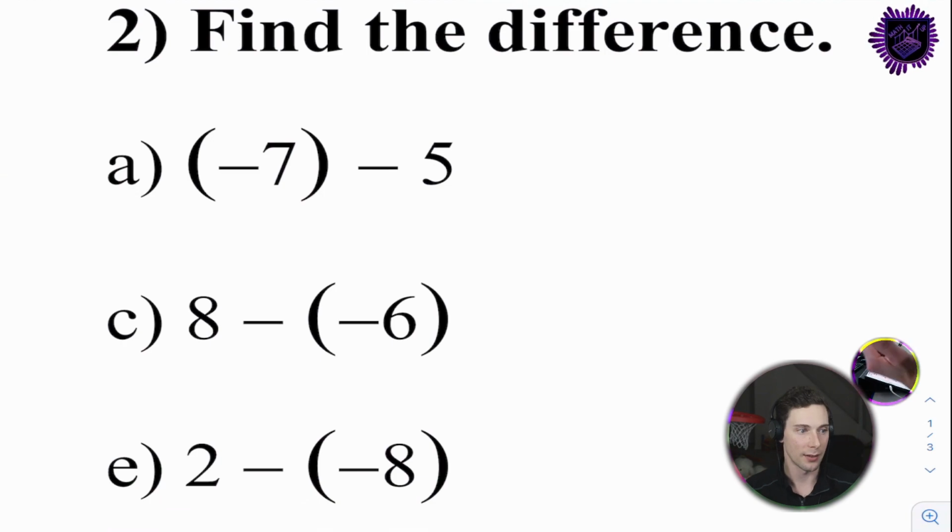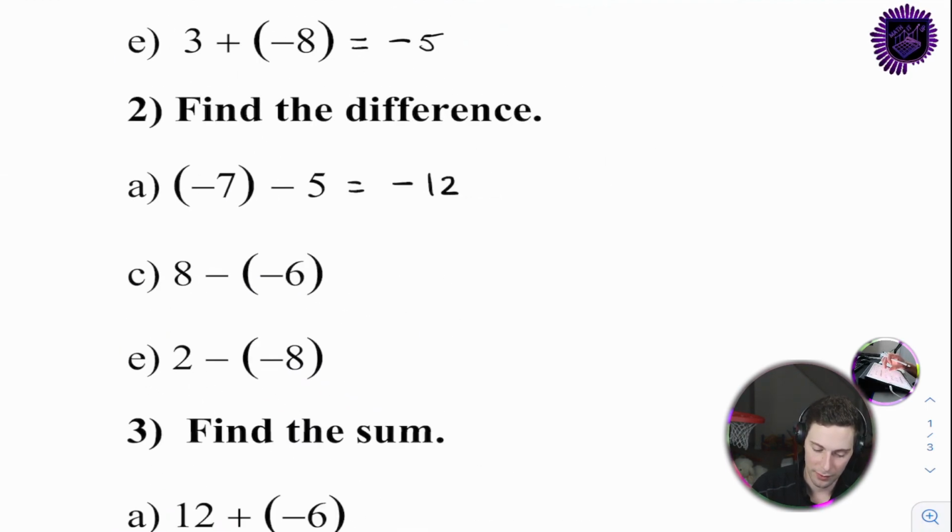Left down the number line. Going lower. So it's like subtracting a positive, like adding a negative. You're moving left. So this is going to be negative 12.